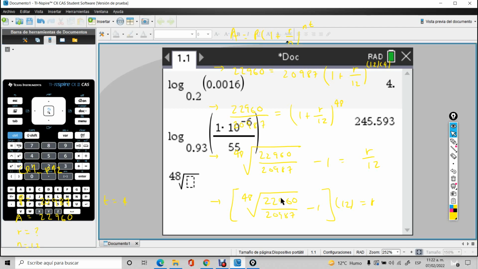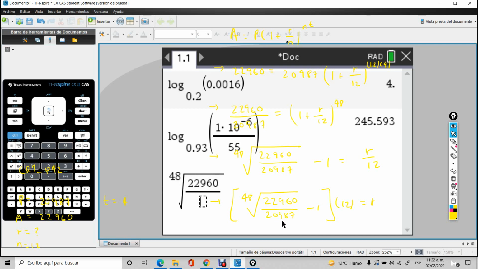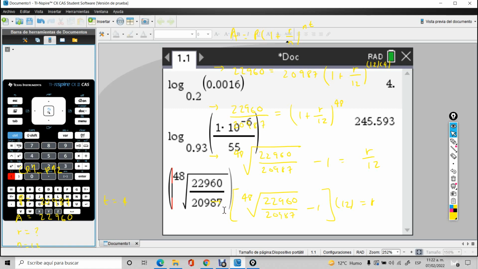In here I'm going to write this fraction. It's going to be 22,960 over 20,987. There you go. By the way, I forgot the parentheses. Parentheses in there. Let's continue here.